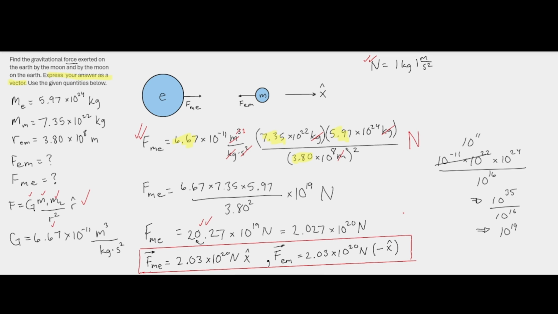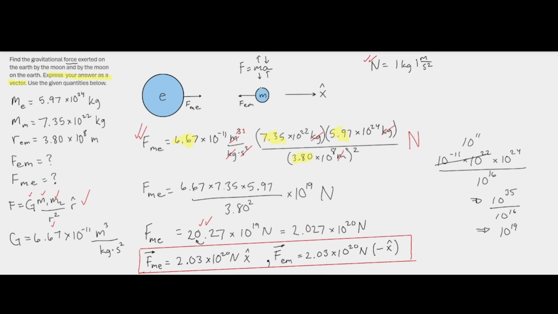But the accelerations are very different because, according to Newton's second law, F equals ma. If the forces are the same and the masses are different, then if you increase the mass, you have to decrease the acceleration, and if you decrease the mass, you have to increase the acceleration.